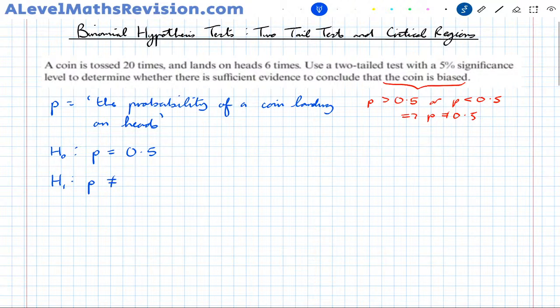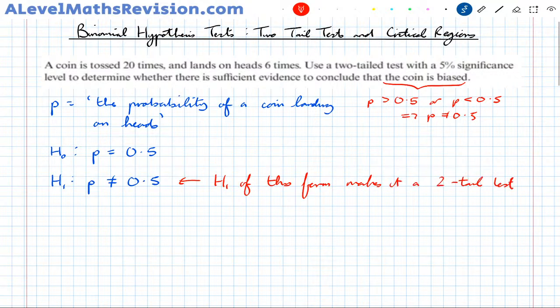So it's P is not equal to 0.5. So this here is what makes it a two-tailed test. H1 of this form makes it a two-tailed test. Feel free to ask any questions along the way.